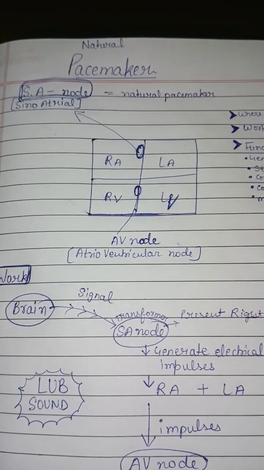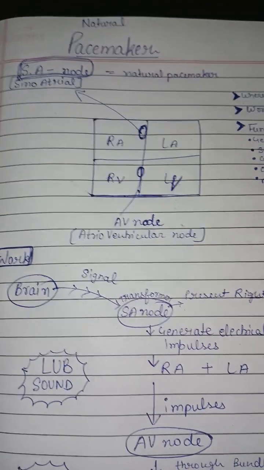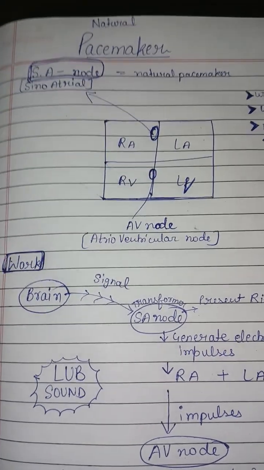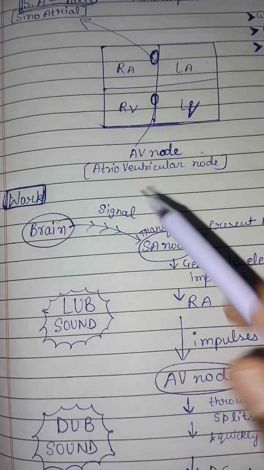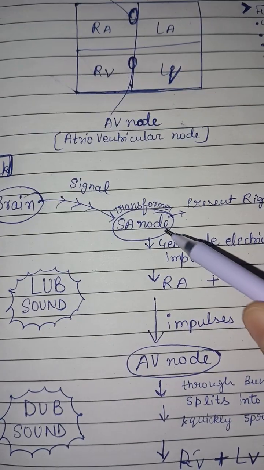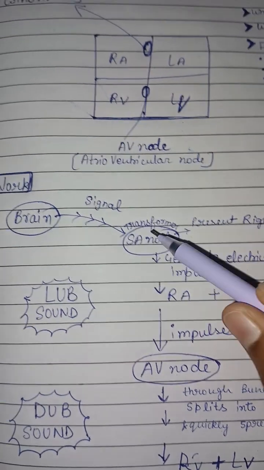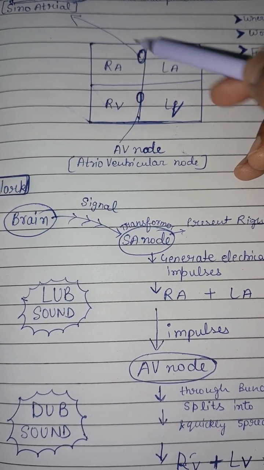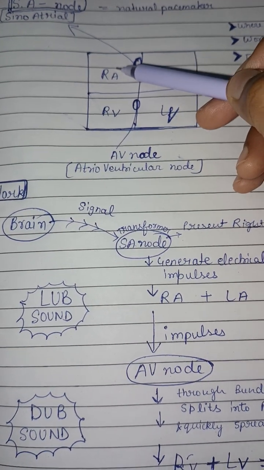So let's talk about how it actually works first, then we will talk about its function. The SA node is present on the right side of the atrium.